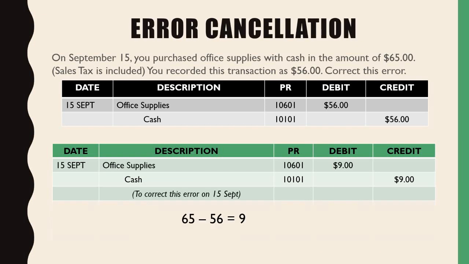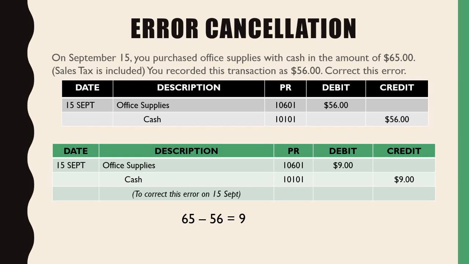So then what's the difference between that and error cancellation? So in this case, my error cancellation is a little difficult. It can be difficult, but again, if you choose the error cancellation, we talked about this, right? It's just one journal entry, and what you need to do is determine the difference between your mistake and what the correct entry is.